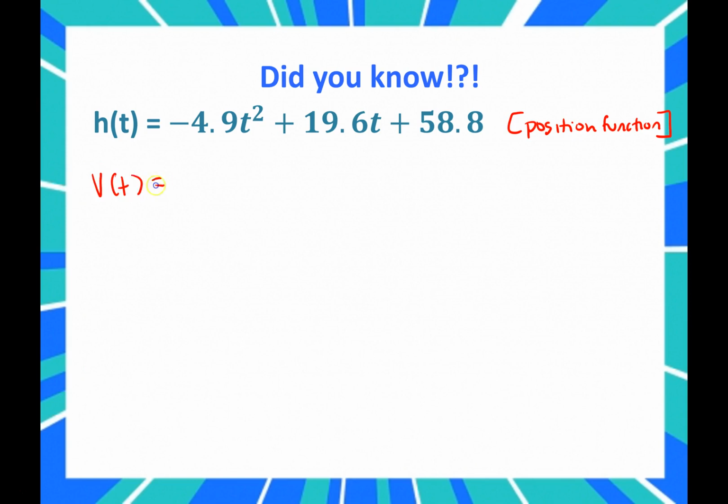I bet you didn't know that. It's pretty amazing, actually. So this becomes a negative 9.8t. I brought that down, subtracted 1. And the derivative of 19.6t would be 19.6. The derivative of that is 0. So if I take the derivative of the position function, I get the velocity function.